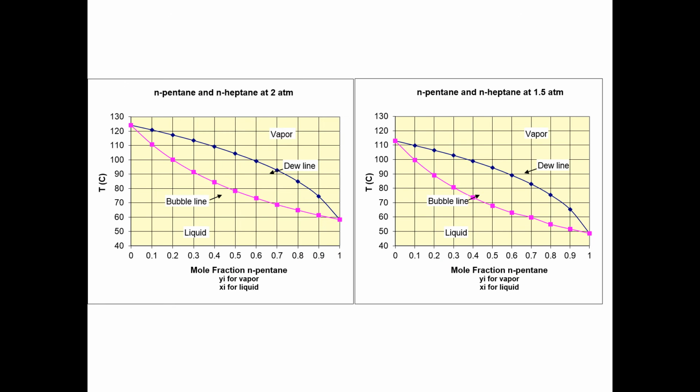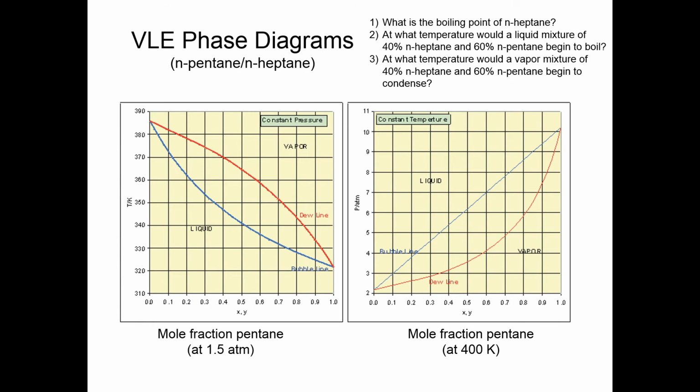Let's also look at the different things for 2 atmospheres and then 1 atmosphere. You can see that everything is just shifted down for 1.5 atmospheres versus 2 atmospheres. The reason it shifts down is because you have a lower pressure, so more of it is going to be vapor.